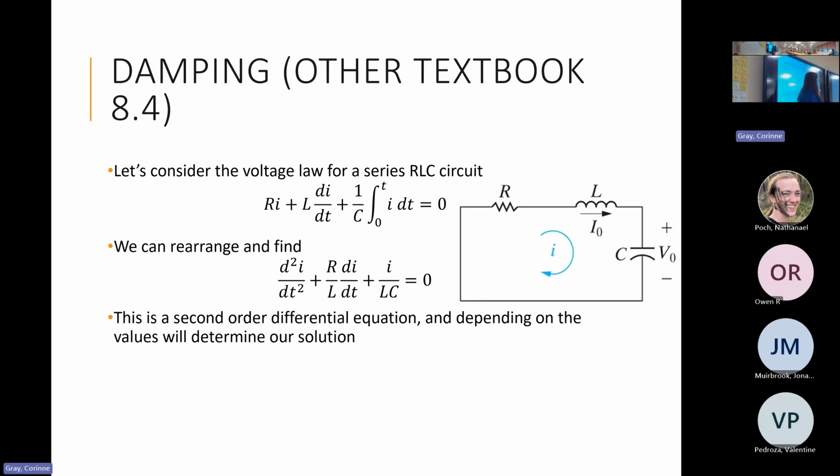What about if we ignore the capacitor? What happened after a long period of time when we had an inductor resistor circuit? What happened to the current? It's just the resistor and the inductor.